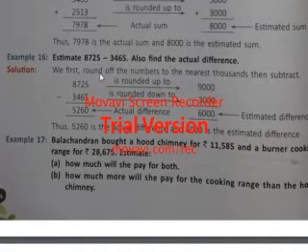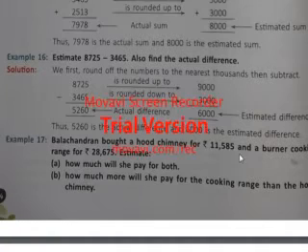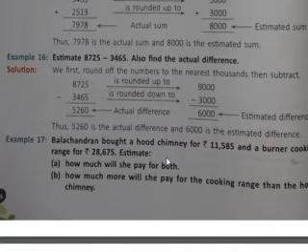Now see number 17. Balachandran bought a wood chimney for rupees 11,585 and a burner cooking range for rupees 28,675. Estimate. Students, if it says estimate, you estimate up to the highest place order of the number.